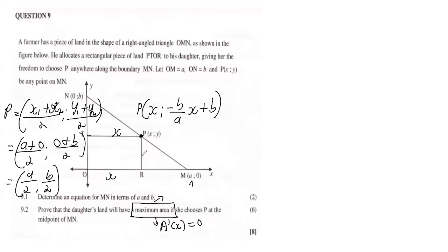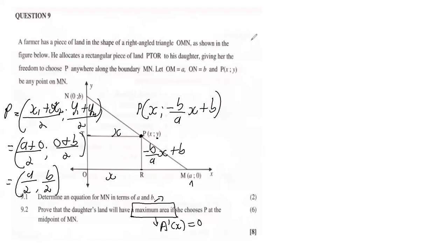And then the y, or this line here, the breadth, would have to be indicated by y, because the y represents the distance all the way vertically from the origin to point P. So this would have to be indicated by negative b over a, x plus b, right? So I hope it makes sense. So the length and the breadth, we find from the coordinates of P in respect to the line MN.